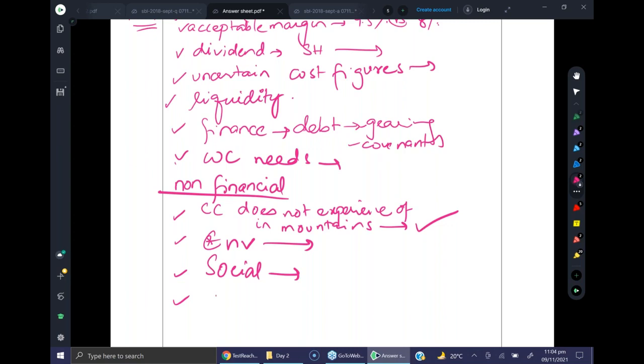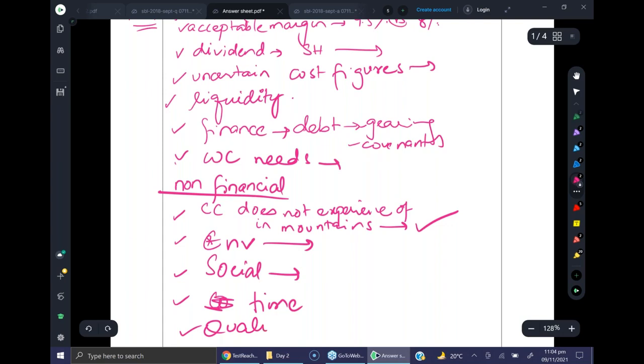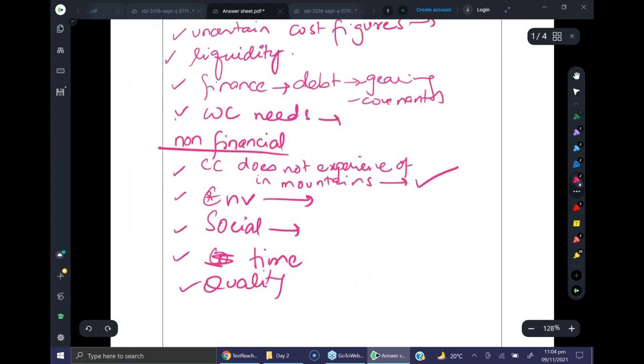Yeah, the cost element, no, the cost is financial, right? So the time, yeah, the quality aspect. They might need new resources, new skills for this road construction on the mountainside.